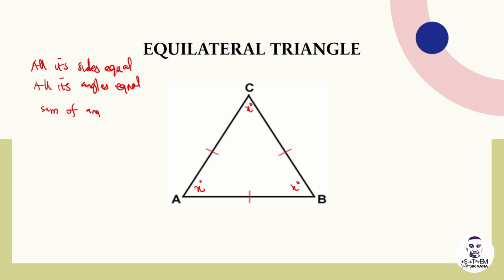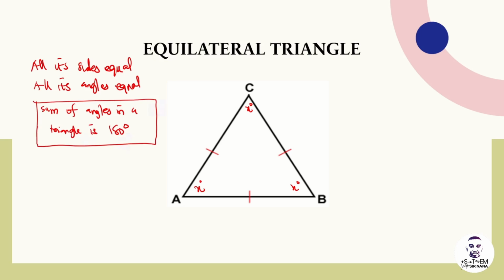Now we know that the sum of angles in a triangle is 180 degrees. This is something that we must note at all times, right? That the sum of angles in a triangle is 180 degrees.